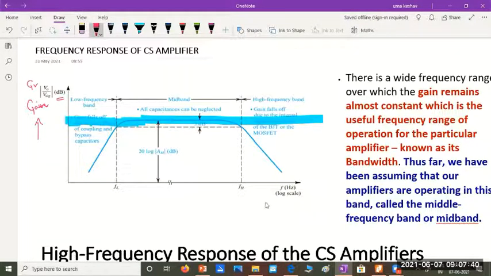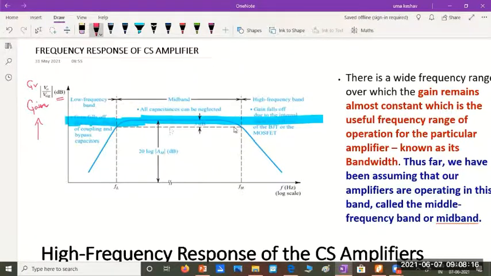And why do we take a logarithmic scale for frequency? I told you this. That is mainly because we get a large range of frequencies. If you take a normal scale, if I have to plot from 10 hertz to 1 megahertz, you'll need a very long graph sheet, or you'll miss the finer points. As you notice in the practical frequency response, there is variation only in the lower frequency range and in the higher frequency range.